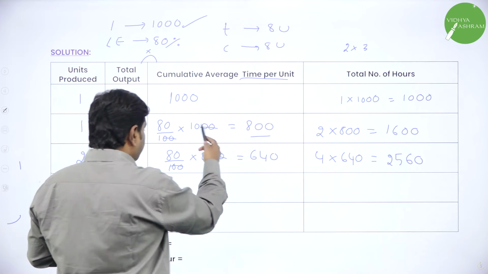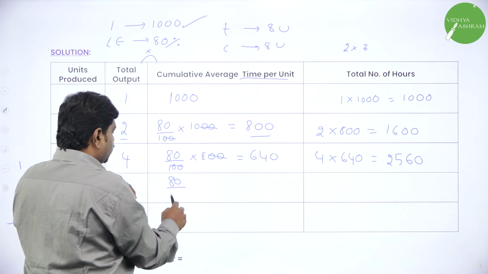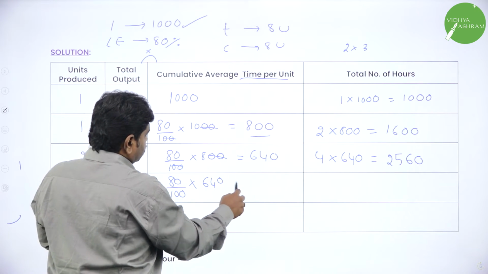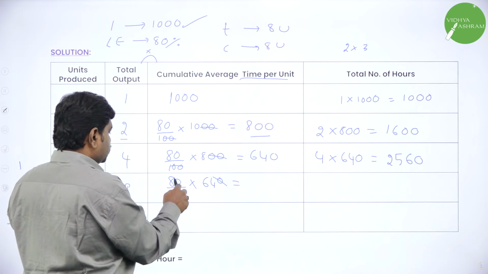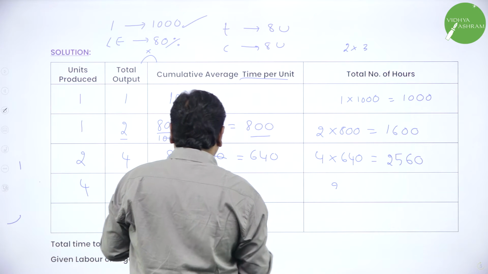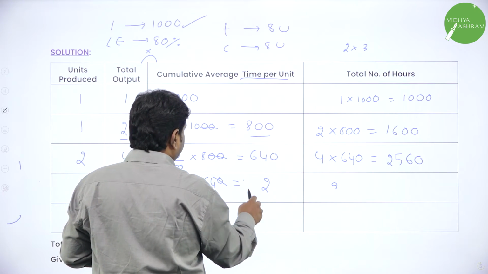Then 80% of this. How to fill this column? 80 by 100 of the above, the above is how much? 640. Simplify this, 0 0 cancels, again 0 0 cancels, 8 4s are 32, 8 6s are 48, 512.